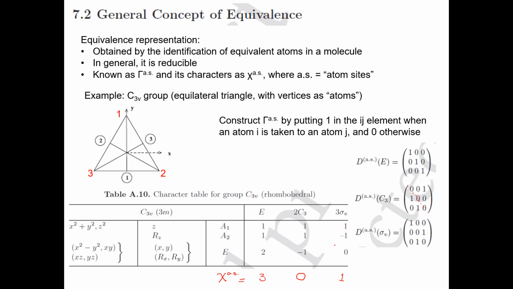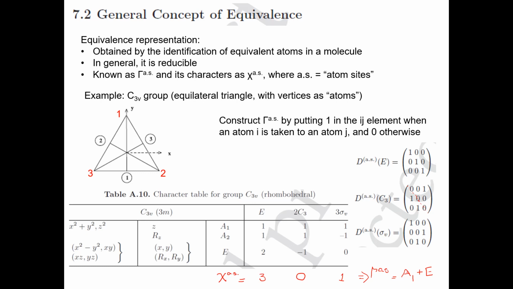So you notice already that this is a reducible representation because it's a 3 by 3 representation, and of course the C3v group only allows a largest representation that is 2-dimensional. But we can reduce the equivalence representation, and by looking at the characters you see immediately that this is equal to A1 plus E, right?